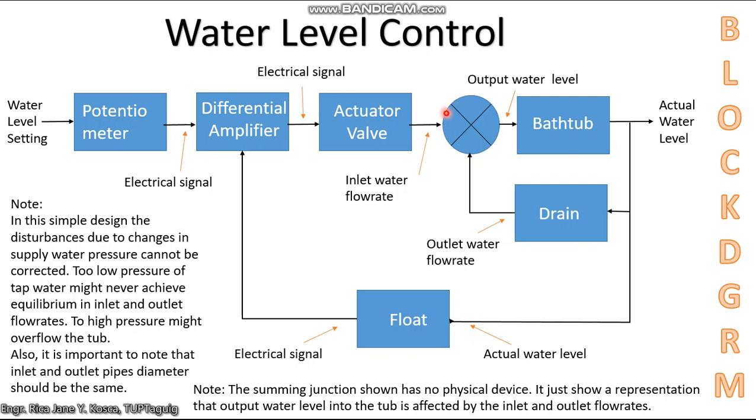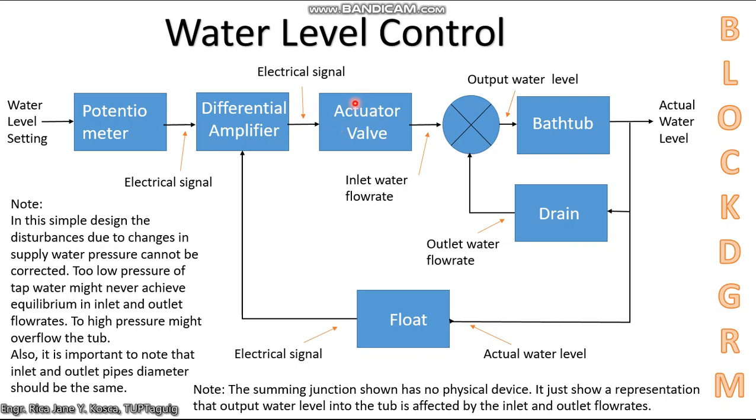Just to represent, no? So if we imagine the schematic diagram, the actuator valve, of course, it provides water. The amount of water it provides depends on the amount of error given by the amplifier. So sabi natin kanina, this valve may open 20% open, mababang flow rate yon, no?